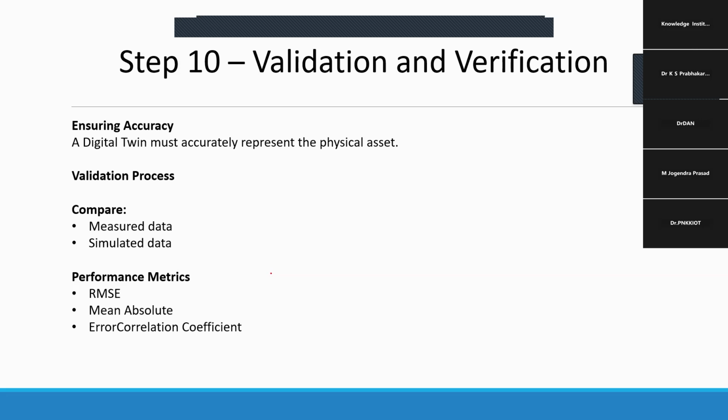For example, if the digital twin predicts the CNC spindle temperature is 140 degrees Celsius, but the measured value is 142 degrees Celsius, then we can say the model accuracy is acceptable. You can use metrics such as root mean square error, mean absolute error, and correlation coefficient to quantify the performance.